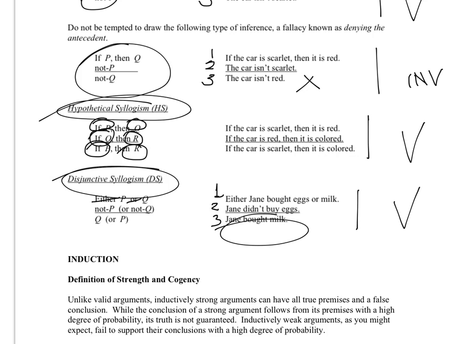What's important to appreciate about the concept of validity is that it's something quite separate from the notion of the truth of the premises. So you have to really keep in mind that just because an argument is valid does not mean that all the premises are true. That's not guaranteed.